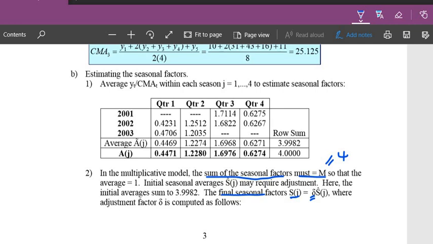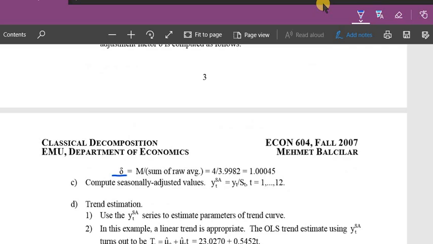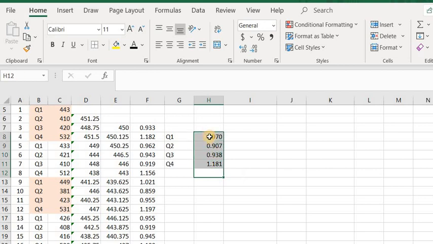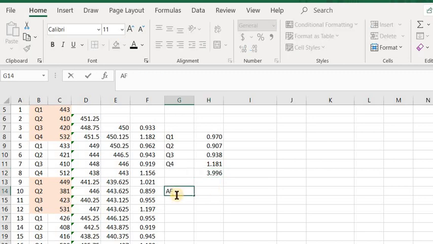We denote it as delta, then multiply it by the initial seasonal factor. It can be computed using this formula: M, which in our example is 4, divided by the summation, so we get delta, and then we multiply by each of the seasonal factors. So we sum up our seasonality here. It is not equal to 4, so it needs to be adjusted. I denote the adjustment factor as AF. So AF equals 4 divided by the summation of the averages.